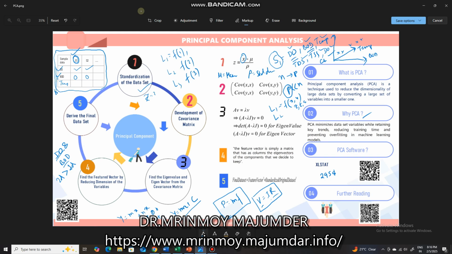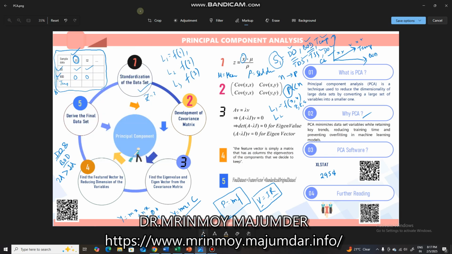When you deduct the mean from the sample data and divide it by the standard deviation, it creates a type of normalization by which the scale difference between the parameters vanishes. So this is the first step: to calculate Z, whatever way you refer to it, and make a standard data set free of scale differences.